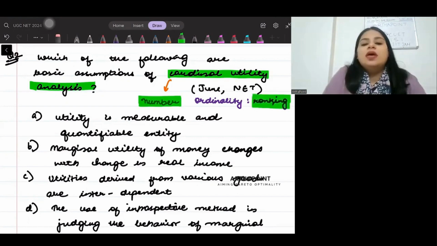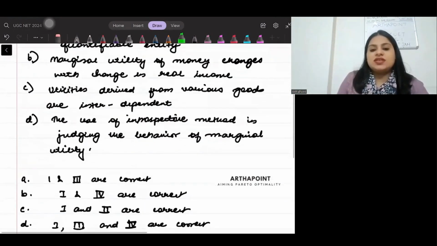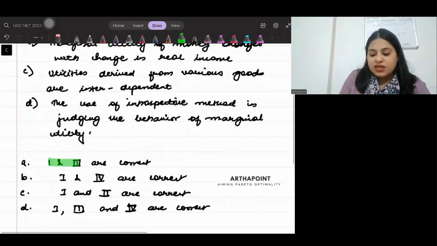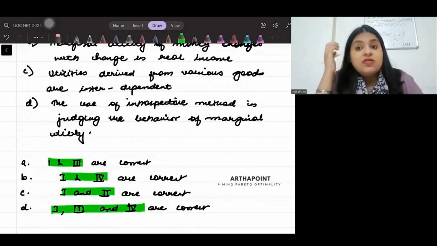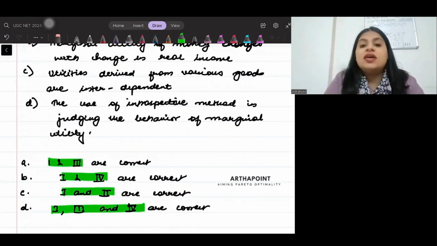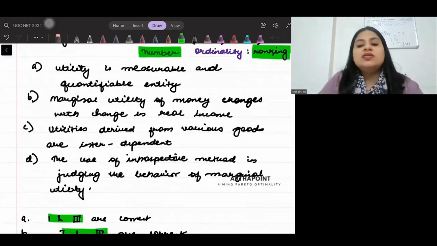Okay, beta? Now, you are given 4 statements here, and it is asking you whether 1 and 3 are correct, 1 and 4 are correct, 1 and 2 are correct, 1, 3 and 4 are correct. So we have to answer how many statements are correct in this case. Beta, let us read the statements first. Utility is measurable and quantifiable entity.